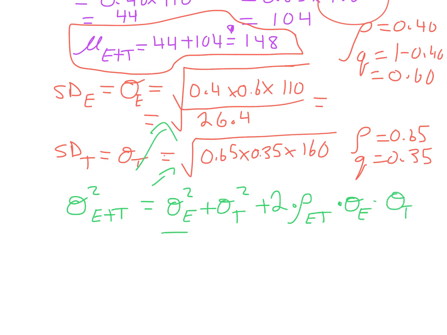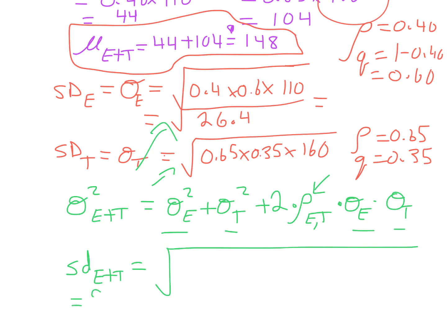So you already have this, and this, and this was given, and the question is 0.4, right, the correlation one. So if you put all that in, you're going to get the variance, and then if you take the square root of that, you're going to get the standard deviation of E plus T. So just take whatever number you get, put it in your square root sign. And according to ChatGPT, again, you should get 9.36 for that, okay?